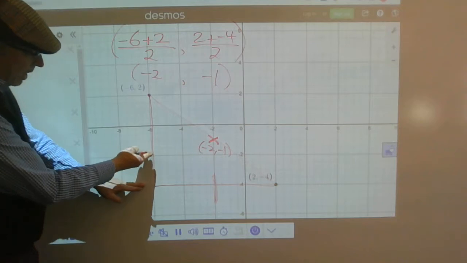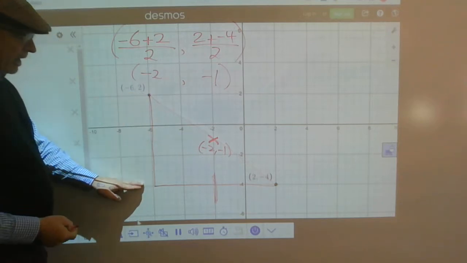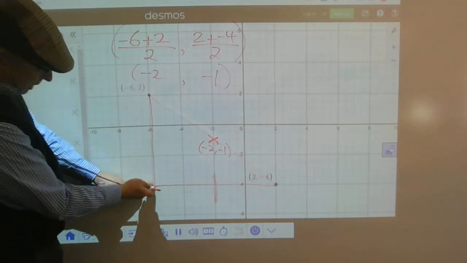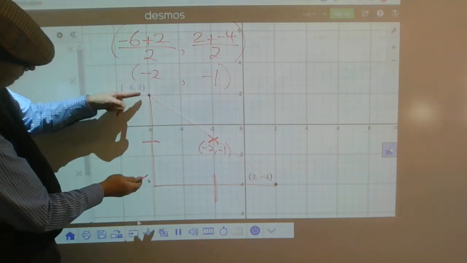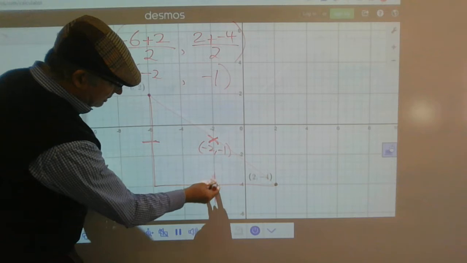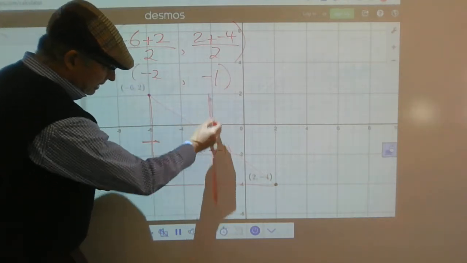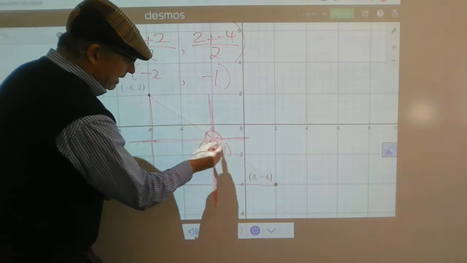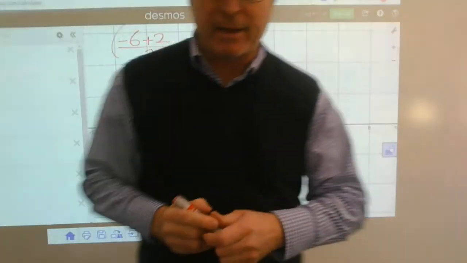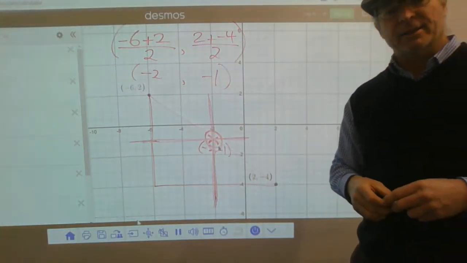And going up, there's 1, 2, 3 jumps. So I only want to jump 1.5 to be halfway vertically. And where these two join up, well, that there is going to be the midpoint. I like that. That makes total sense.